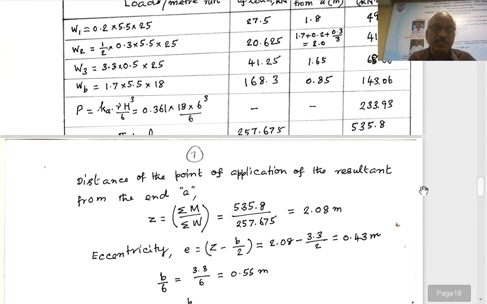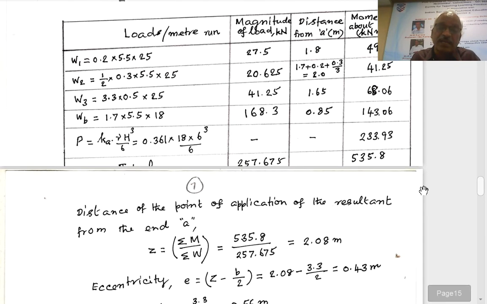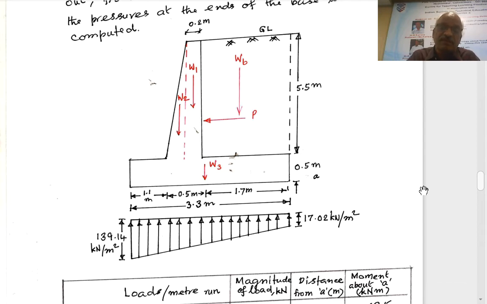Right. Now, the distance of the point of application of the resultant from the end A is given by sigma M by sigma W. These are the different forces, W1, W2, W3, WB and P, whose resultant acts at an angle of inclination.